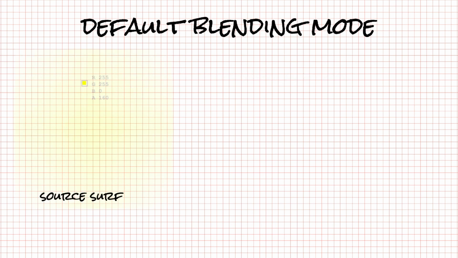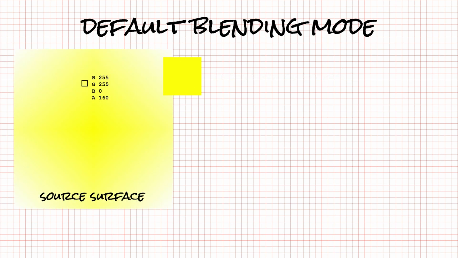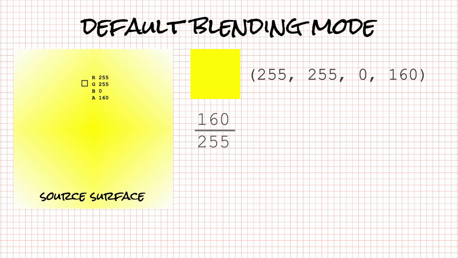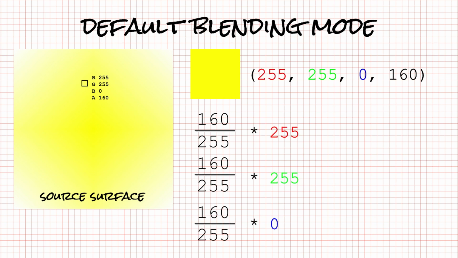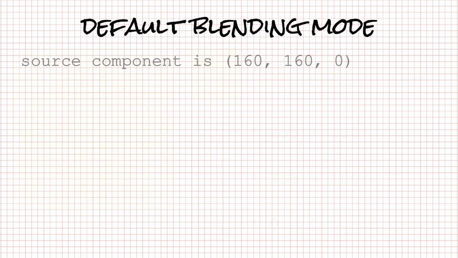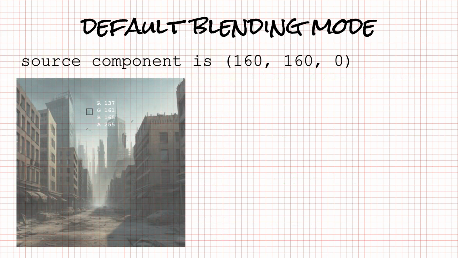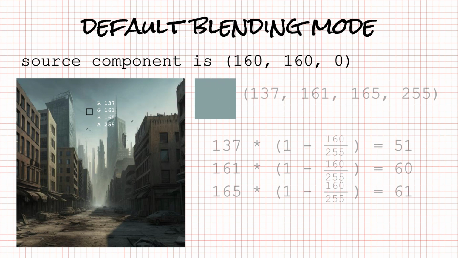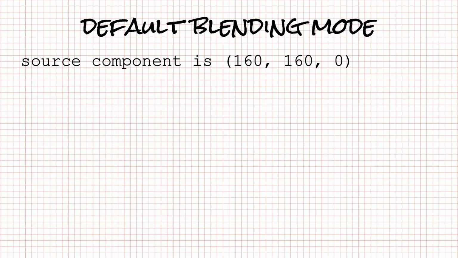With the default blending mode, the alpha of each source pixel is normalized or converted to a value between 0 and 1 by dividing it by 255, the maximum value a pixel can hold. The R, G, and B components of the color are each multiplied by that normalized alpha value. Now the RGB components of the destination pixel are multiplied by 1 minus the normalized alpha value, and then the two products are added together.